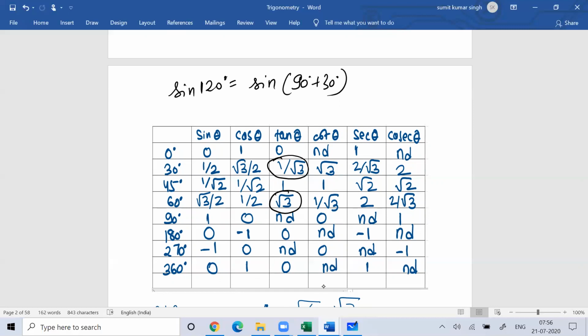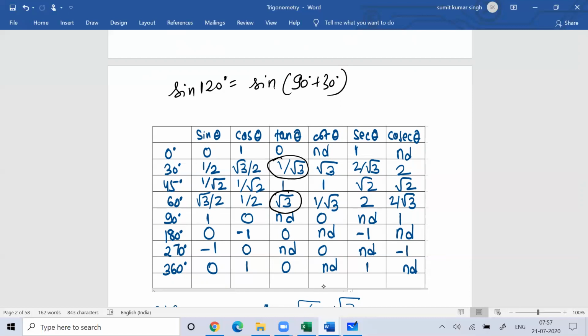You know that for an angle of 90 plus something but less than 180, you are in the second quadrant. Correct? Are you understanding?